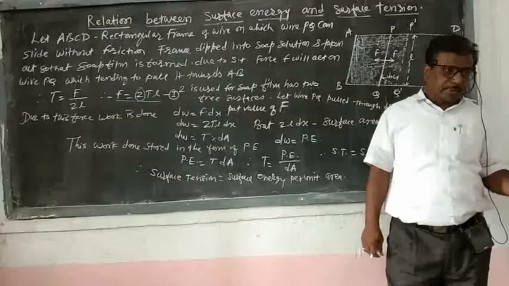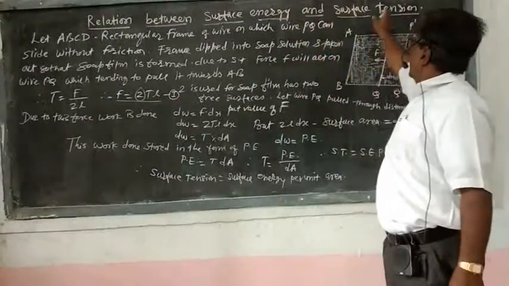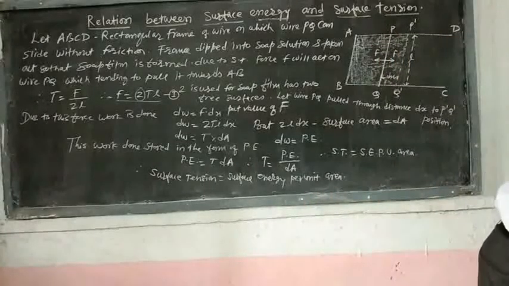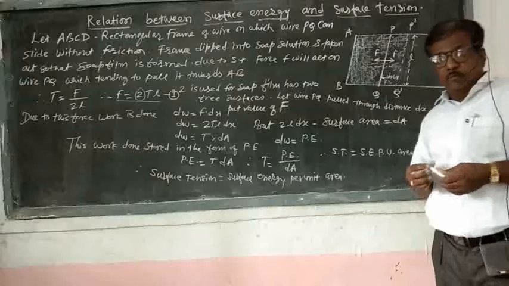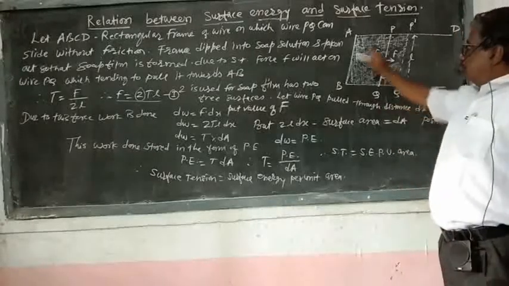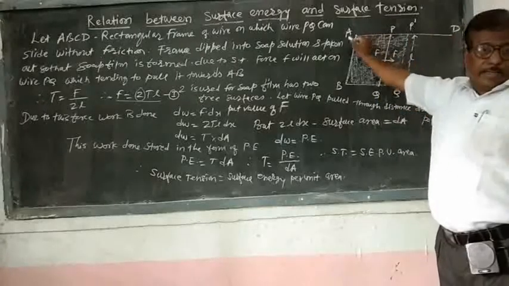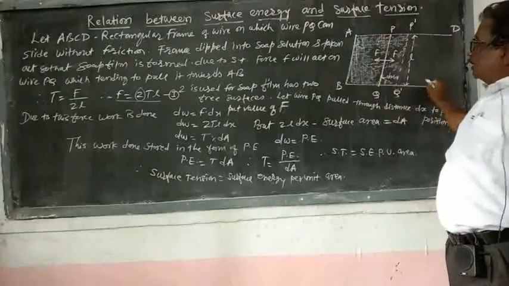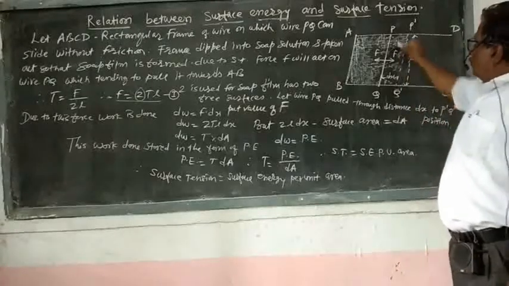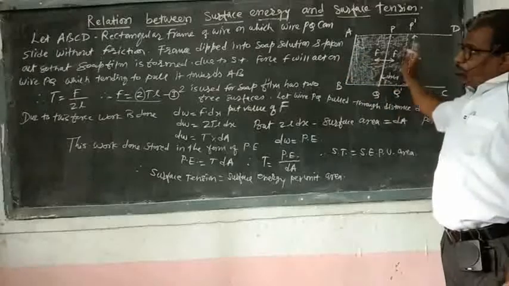Now the next article is the relation between surface energy and surface tension. This is a 2-mark question that should be asked in your board exam. For that, draw this diagram first: A, B, C, D. Let ABCD be a rectangular frame of wire on which wire PQ can be slid without friction.